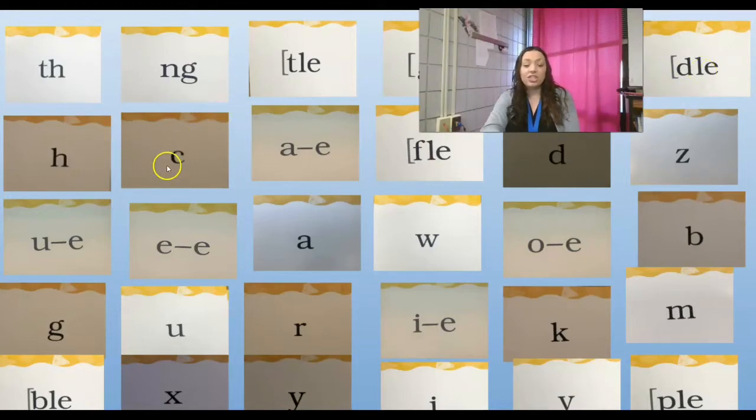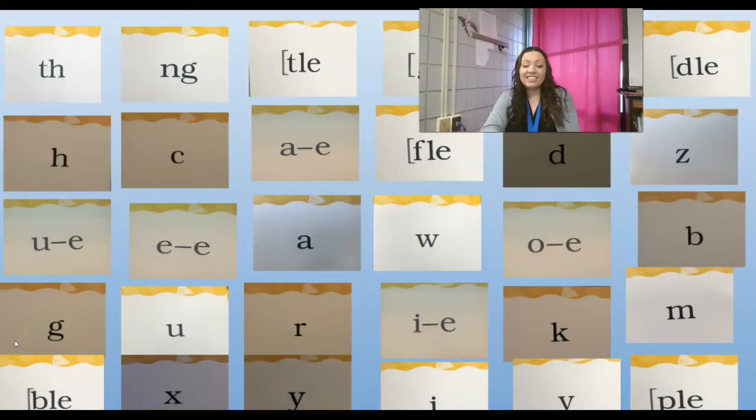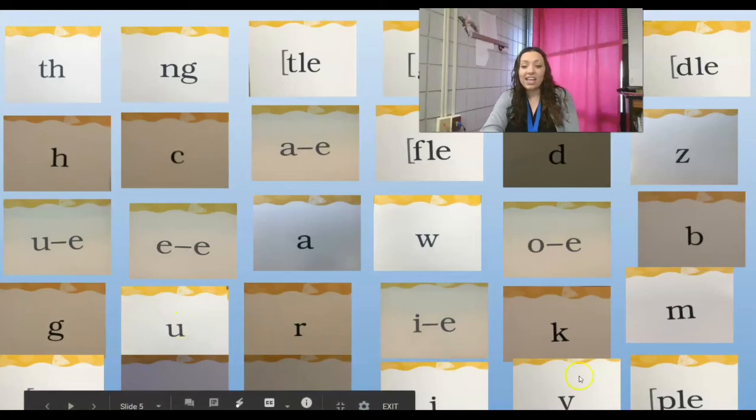We have H, C, A consonant E, final syllable FLE, D, Z, U consonant E, E consonant E, A, W, O consonant E, B, G, U, R, I consonant E, K, M, final syllable BLE, X, Y, J, V, and final syllable PLE. Very good.